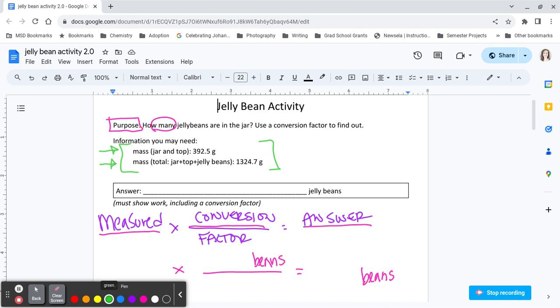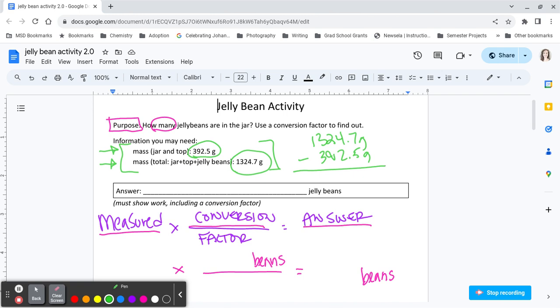Now, what you hopefully came up with is if we subtract these two numbers, we'll get the mass of just the jelly beans. Okay, so I'm going to take 1,324.7 grams, which is the mass of the jar filled with jelly beans, and then subtract 392.5 grams, which is the mass of the jar empty.